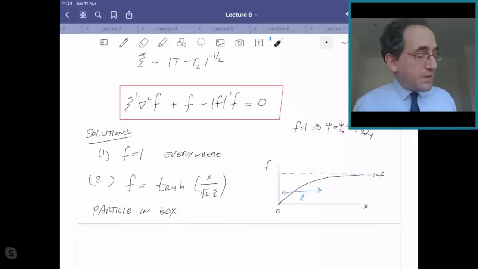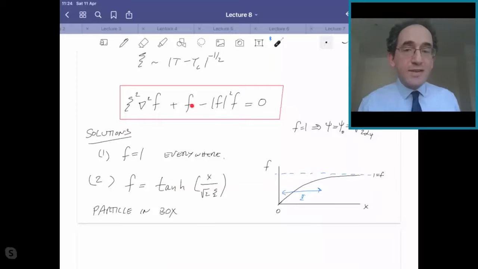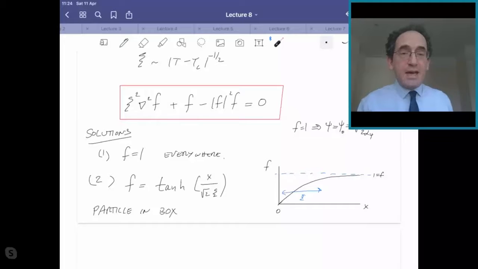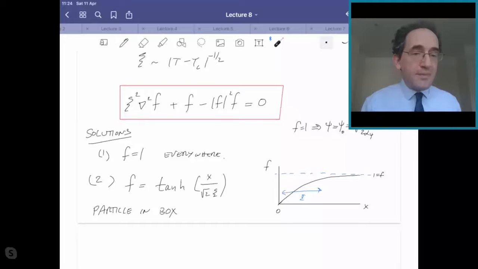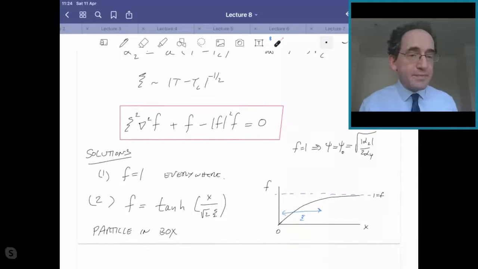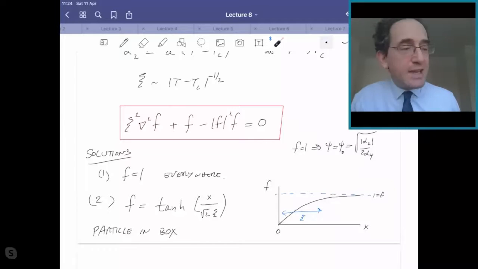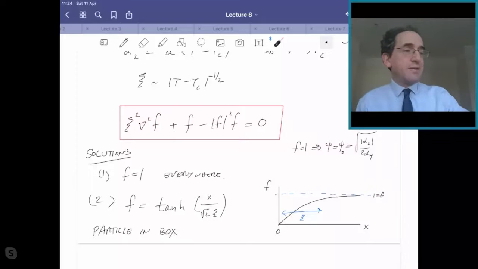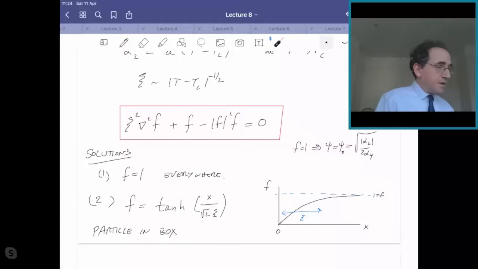Now, the one thing I haven't shown you is that this tangent function actually satisfies this nonlinear Schrodinger equation, and that's a bit of an exercise in hypergeometric functions, but it's a fairly easy exercise to do. So maybe do that to entertain yourself.